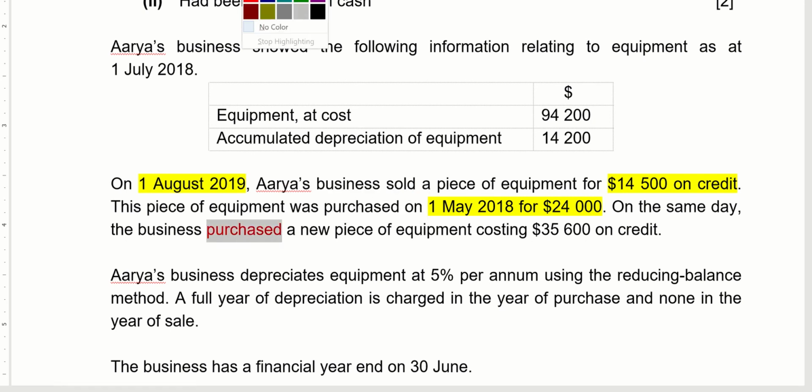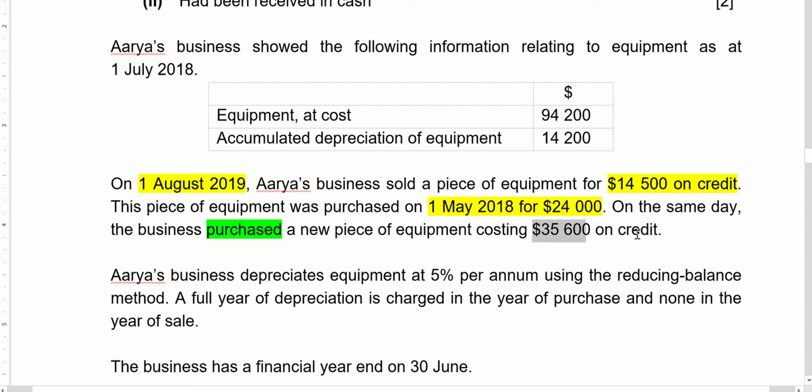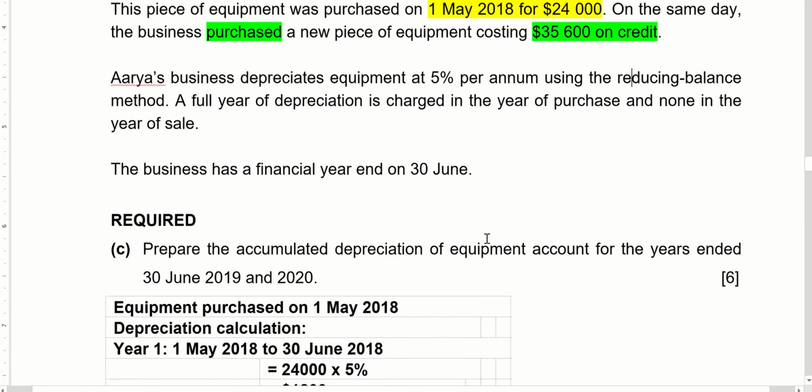So I'm just going to highlight it in a different color. Okay, so you purchase a new piece of equipment, and this was 35,000 on credit. So you depreciate it at 5% per year using the reducing balance method. And the business has a financial year end on 30th of June.